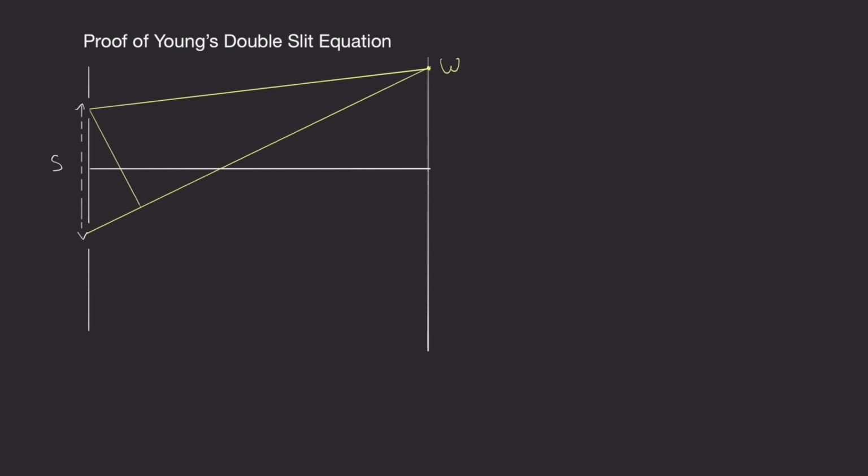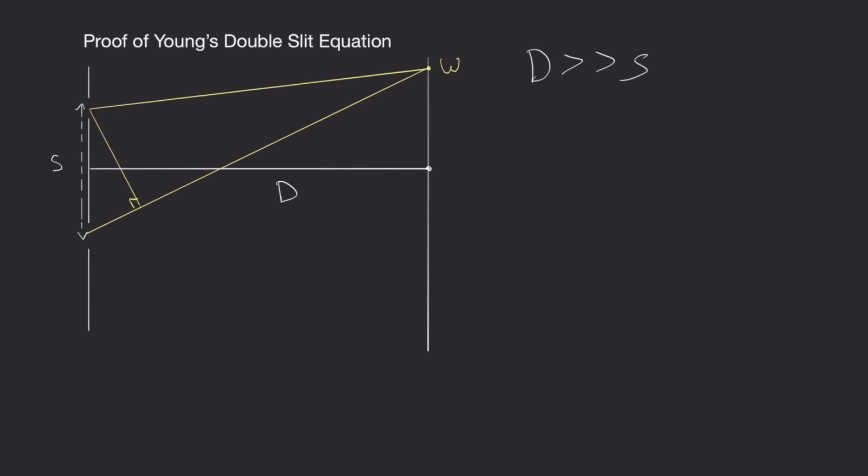which will end up having a 90-degree triangle like so. So the key bit about this proof is that our distance to the screen D has to be significantly bigger than the slit separation s. I've only drawn this relatively big simply so that we can visualize this a little bit better.